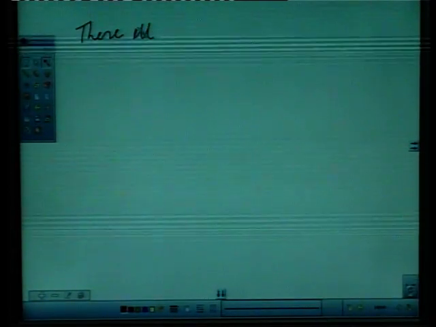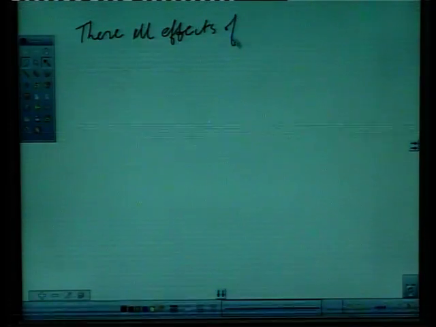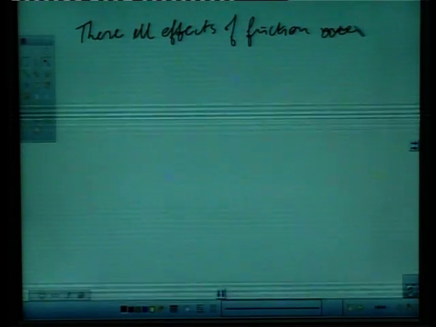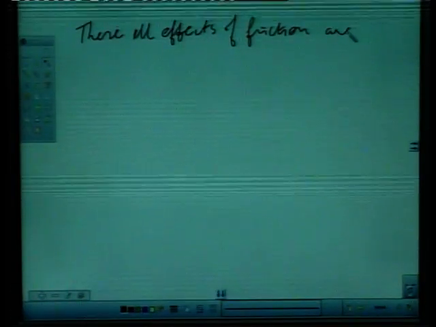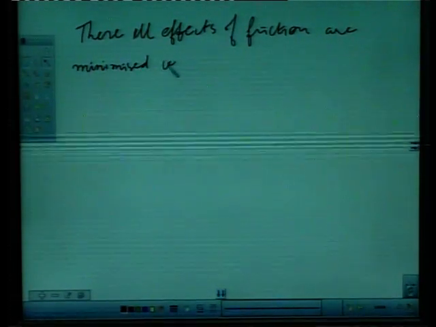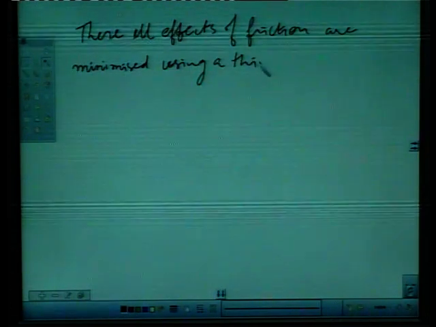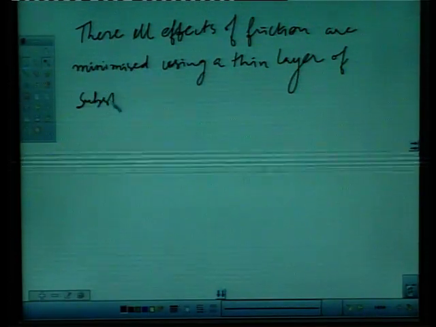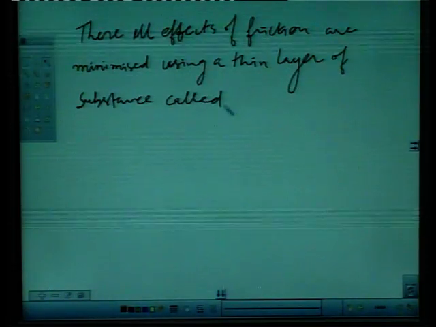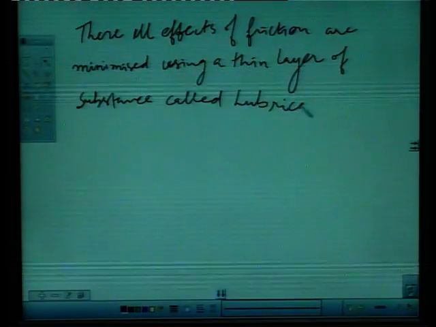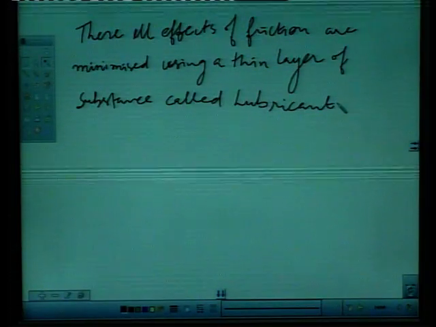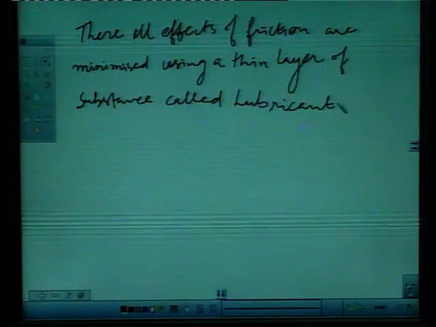These ill effects of friction are minimized using a thin layer of substance called lubricant.